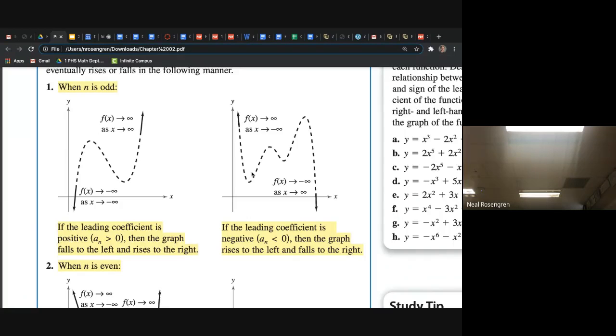It's either even or it's odd. If it's even, your arrows point in the same direction. If it's odd, your arrows point in the opposite direction.